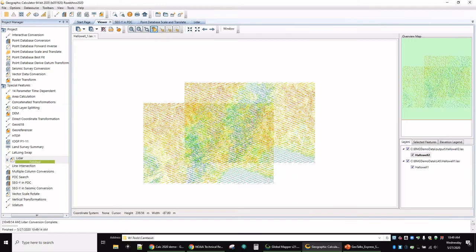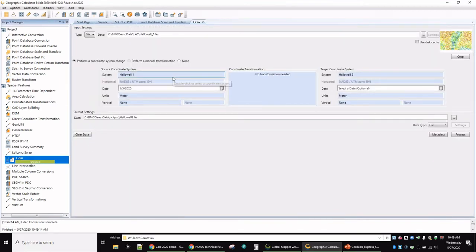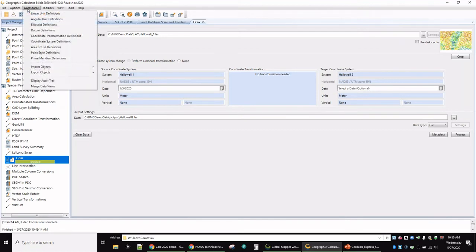As a side note, these coordinate systems, the best fit systems, Hollow L1 and Hollow L2, I created those on a different computer. And Calculator has an import and export function as an XML file.